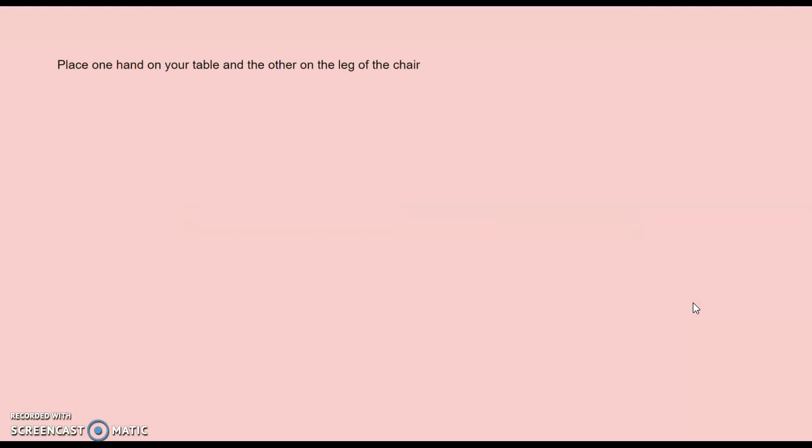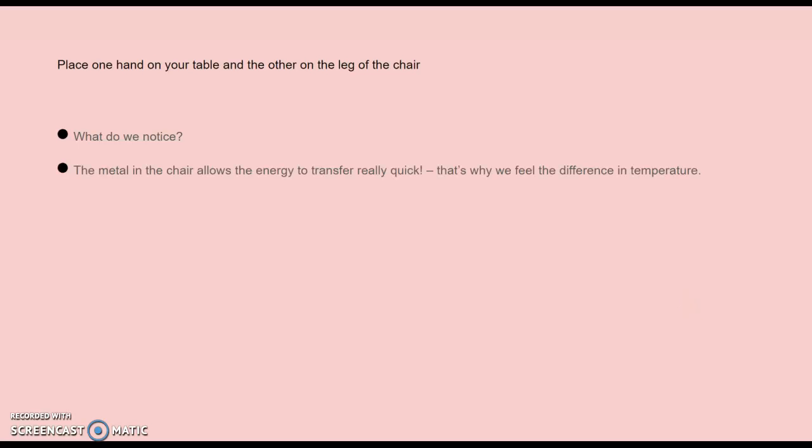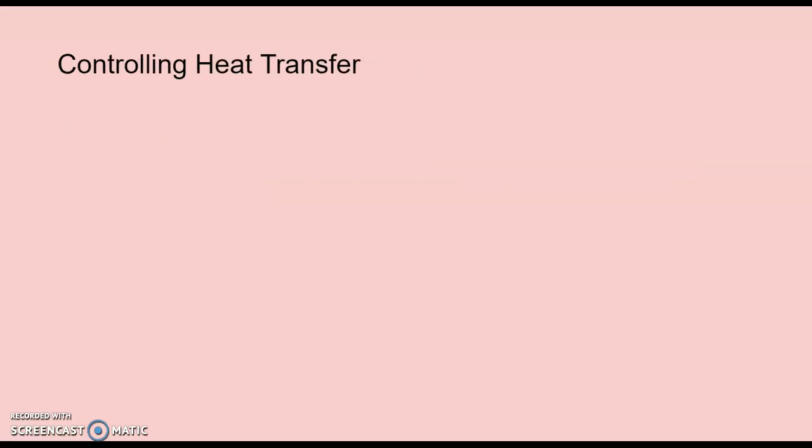So if we're in a classroom and I asked you guys to put your hand on the table and the hand on the leg of the chair, most of you guys would notice that the metal in the chair was colder. Why? That's because your hand was a much different temperature than that leg of the chair, so we felt that difference. That metal is known as a conductor, so it speeds up this energy transfer.